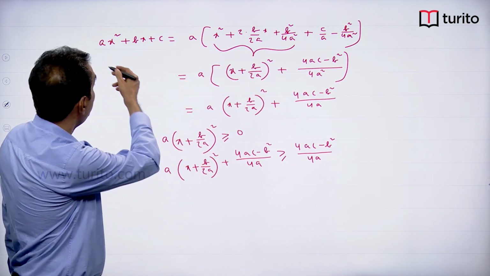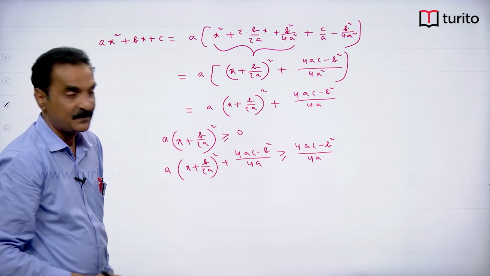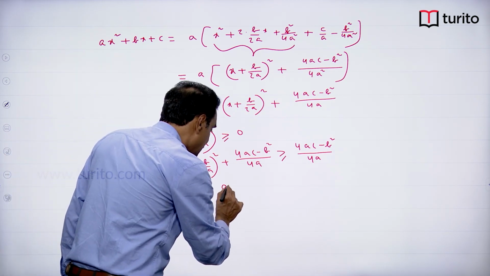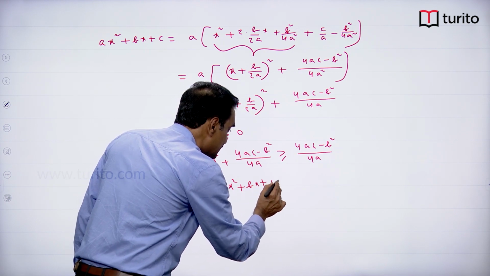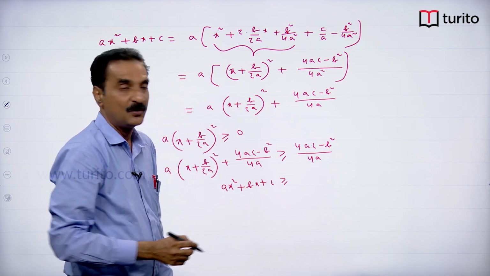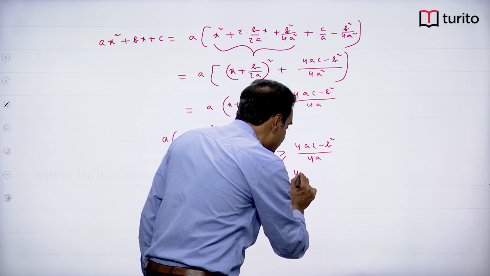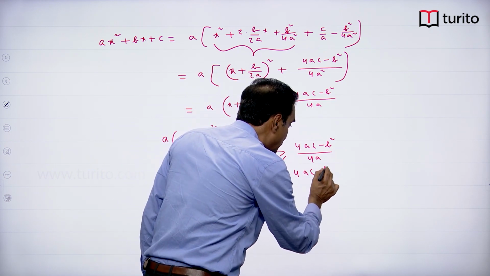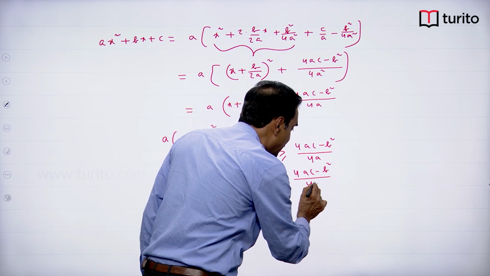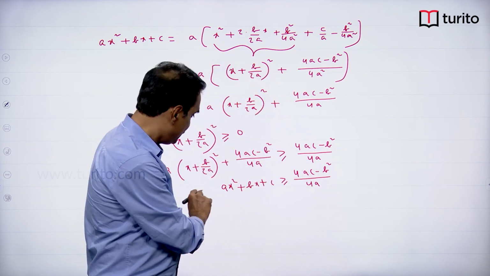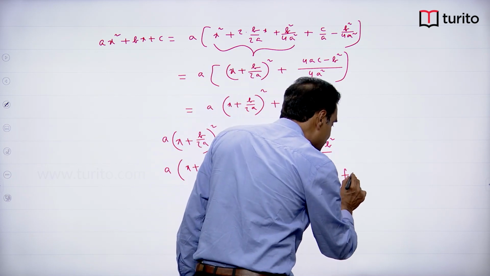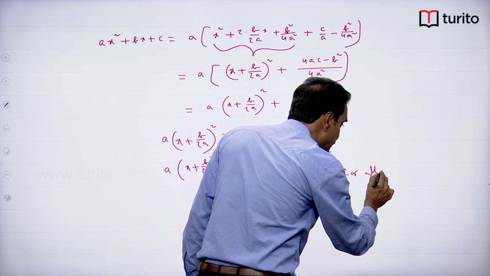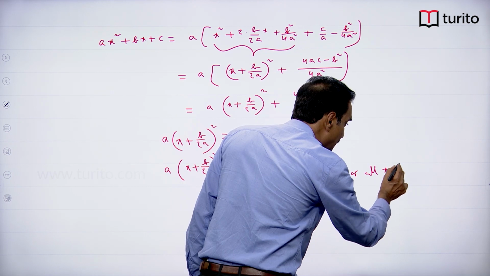But this is ax square plus bx plus c. So, we get ax square plus bx plus c is always greater than or equal to 4ac minus b square by 4a, which is a constant. This is greater than or equal to this for all real values of x, for all x belongs to R.